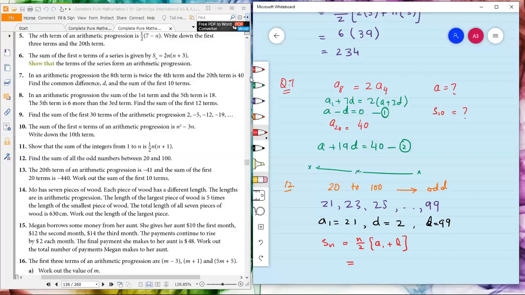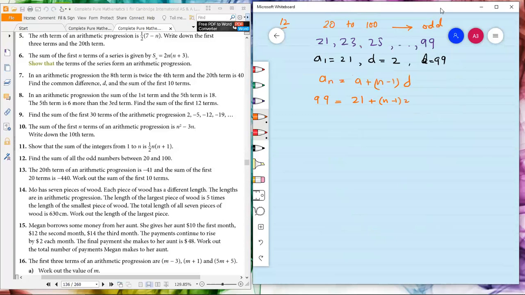So before this, by using the general term formula, an is equal to a1 plus (n minus 1) into d. The last term is 99, a1 is 21 plus (n minus 1) into d, and d is 2.